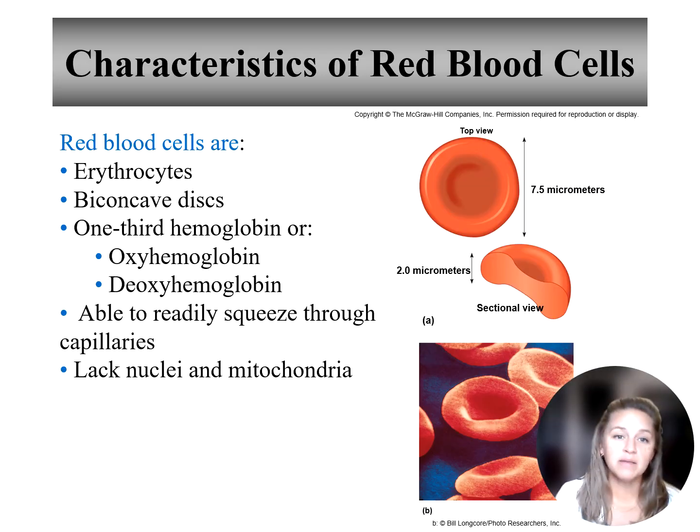So red blood cells, these are erythrocytes, and a red blood cell is described as a biconcave disc. So it kind of looks like a bagel without a hole all the way through the middle. The reason for this shape is to increase the surface area.